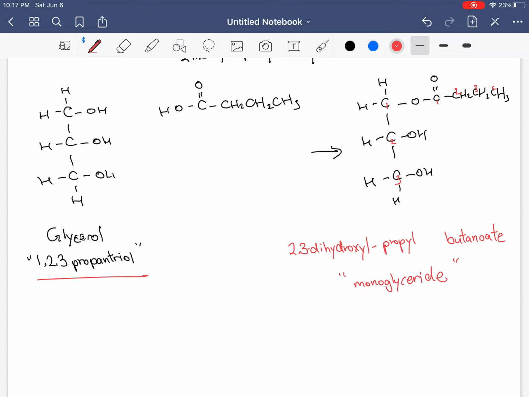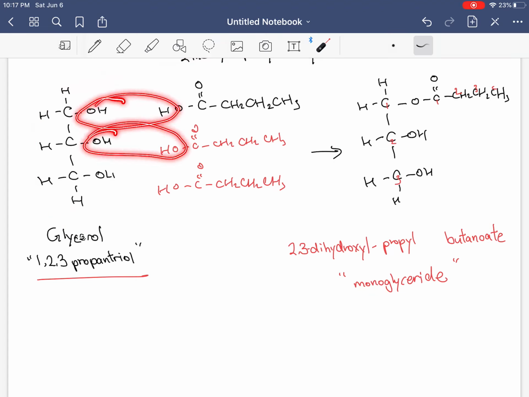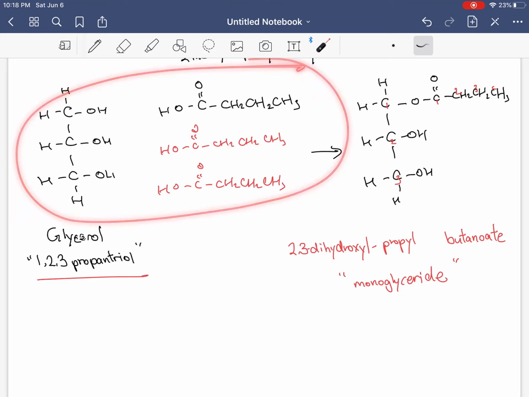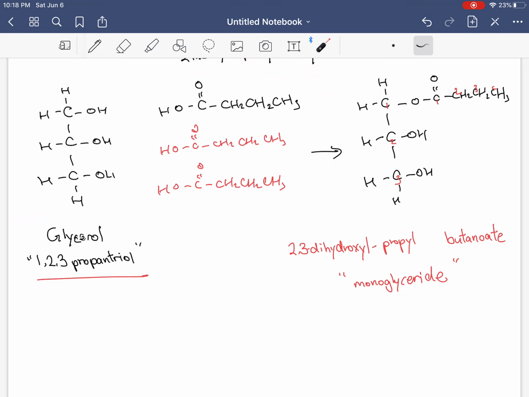All you need is another fatty acid to make diglyceride, maybe 3 fatty acids to make triglyceride. So if you're given this situation, obviously you'll have 3 esterification reactions where you'll form this big molecule, and that will be, of course, your triglyceride.